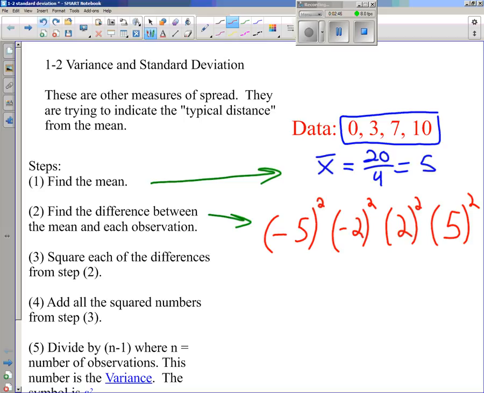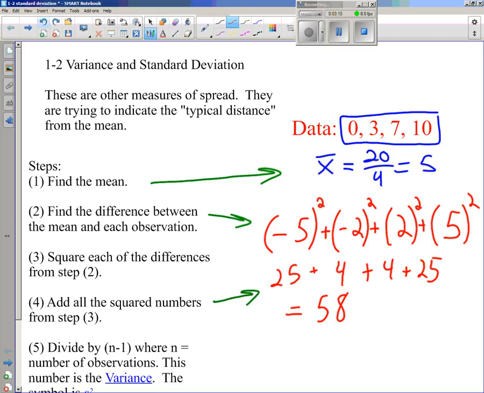Then you add them up. Boom, boom, boom. Okay? That's step 4. So I'll actually show the work with 25 plus 4 plus 4 plus 25. Okay, so that is step 4.